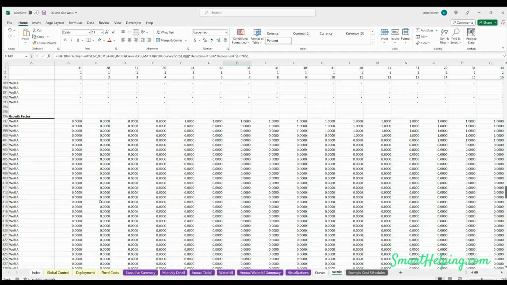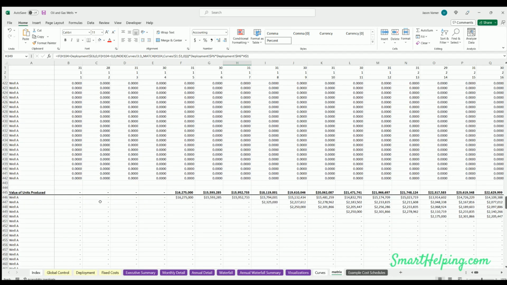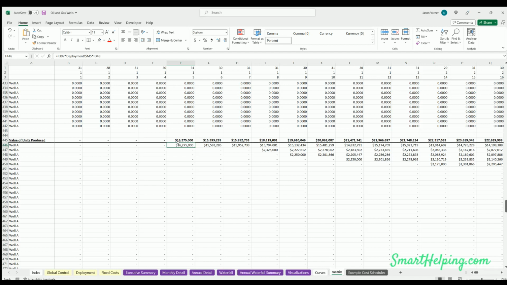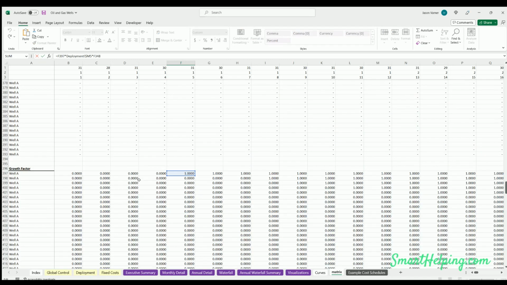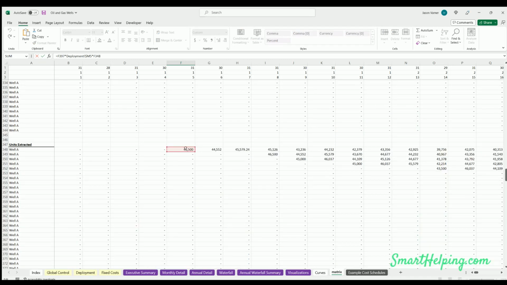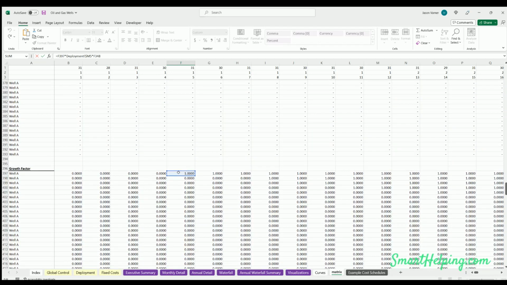This is where all the magic is happening. So here, value of units produced. This is taking total 397 total units extracted times deployment M5 times the percentage left, or times the growth factor of price.